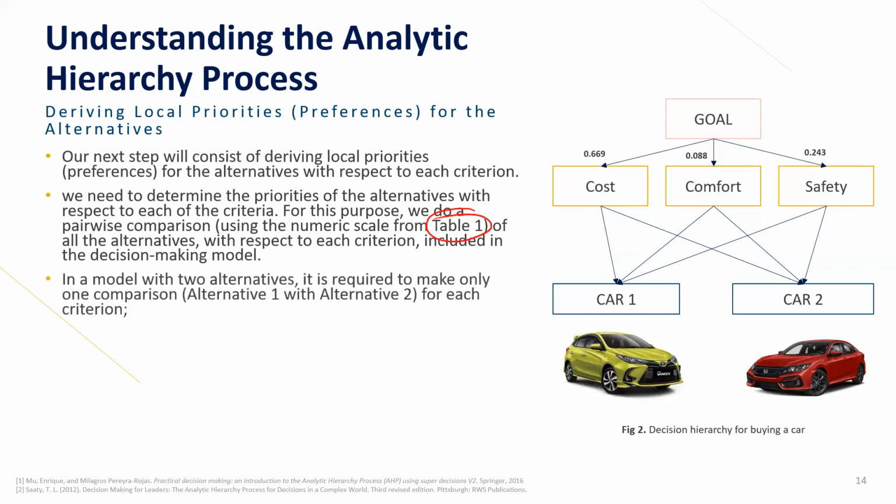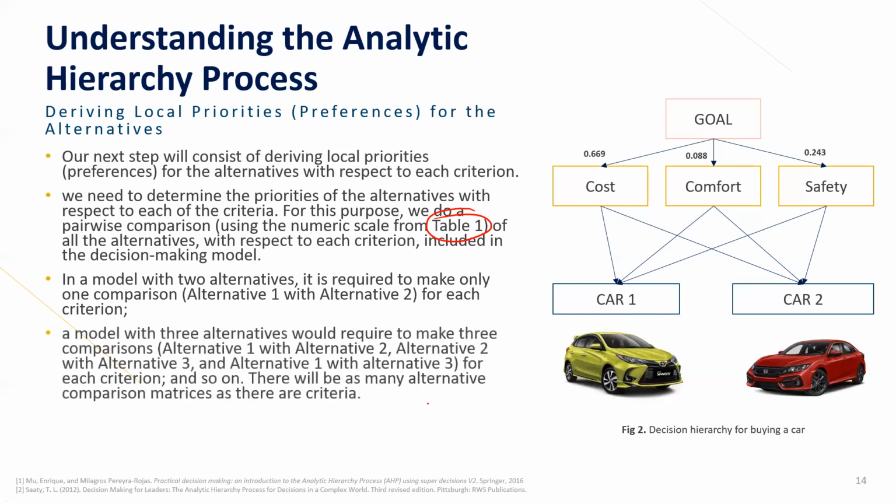Okay, and then after we compare, we need to compare each alternative with each other. For now, we have only 2 alternatives, so you only need to compare car1 and car2. But if you have more than 2 alternatives, let's say 3 cars, you need to compare alternative 1 versus alternative 2, alternative 1 versus alternative 3, and alternative 2 versus alternative 3.